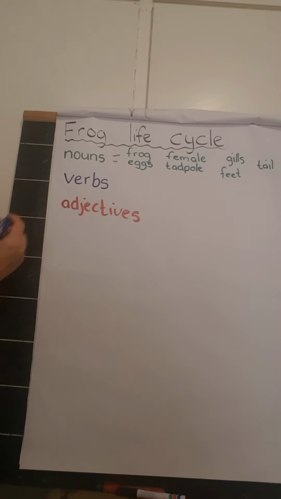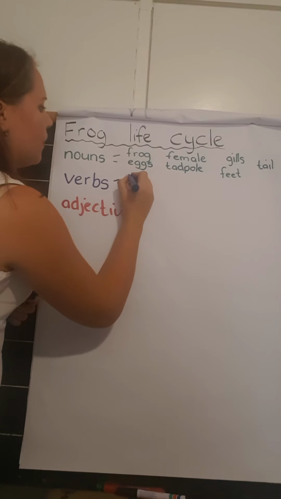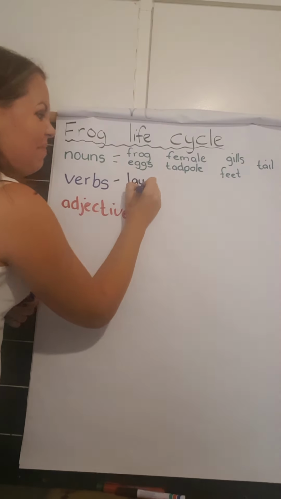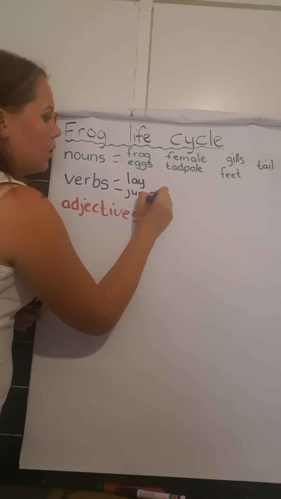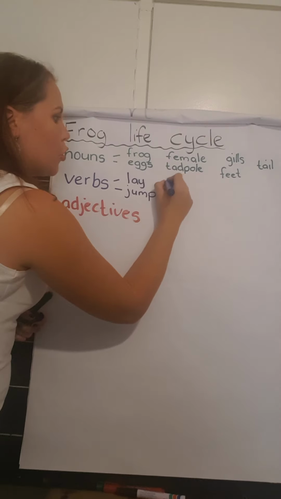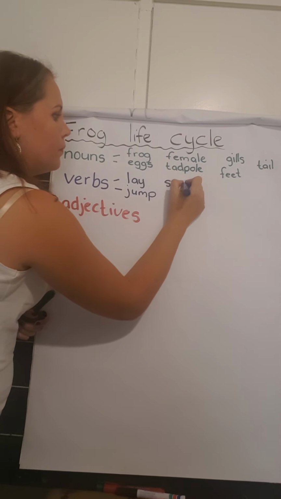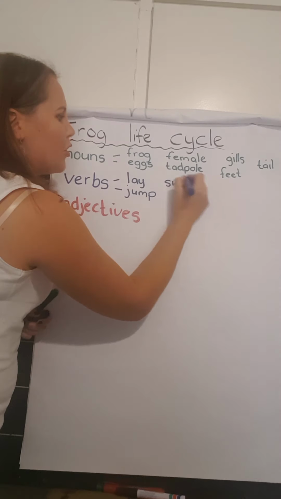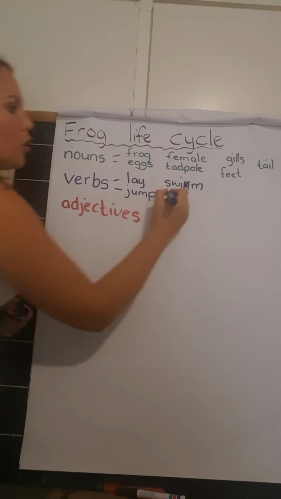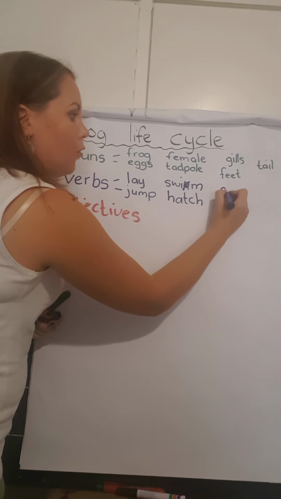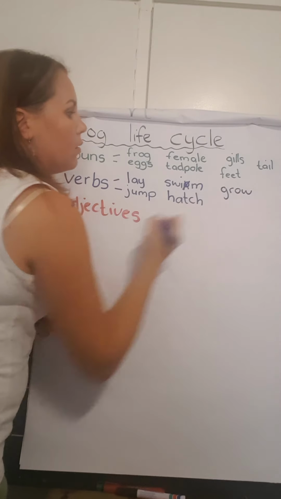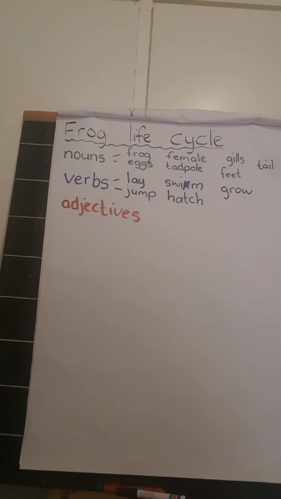So some of the action words that we can think of: a frog, she would lay, maybe the frog would jump, maybe the frog would swim, the eggs could hatch, grow feet and tail, gills also grow.